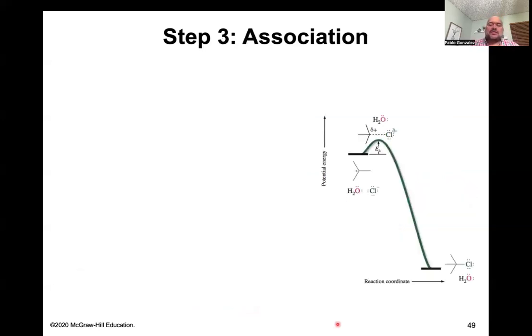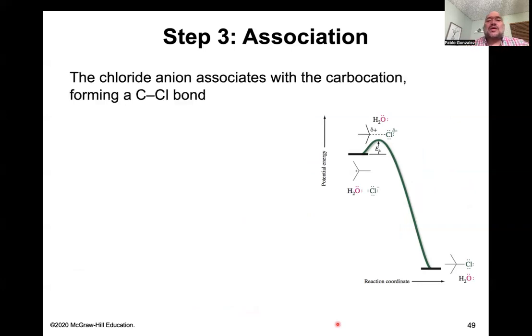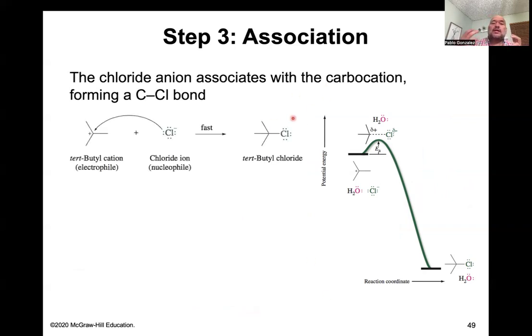Our next step is the association, where we do that step of the nucleophile attacking the electrophile. So the chloride ion associates with the carbocation to form the carbon-chlorine bond. Here we have the carbocation, and here we have the chloride ion. This nucleophile is going to attack that electrophile. It's going to be pretty fast. The activation energy is pretty low in there, and we're going to have our product.